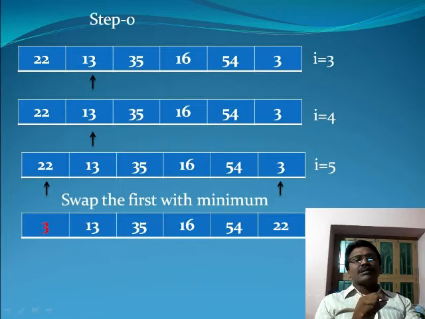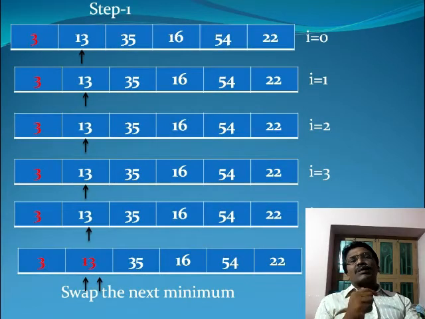In this case, the first element is exchanged or swapped with the present minimum value. So 3 is swapped to the first element. At present, after the first step, the first value is the smallest value of the array.